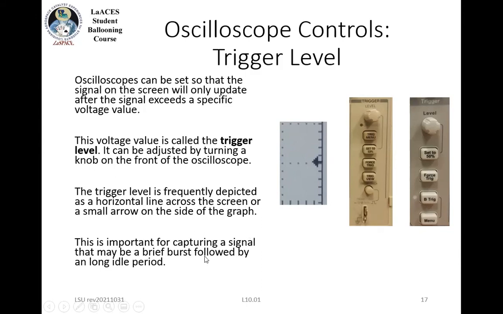What this lets you do is, if I have something that's a rapid signal that maybe only happens very rarely, it's only a couple of microseconds or milliseconds long, and then I have a couple of seconds idle, if I was just to have the display continuously recording, I would basically 90% of the time be looking at a flat line and I wouldn't see it. So what this will do is let me capture that signal, trigger on the event that I care about, and display that.